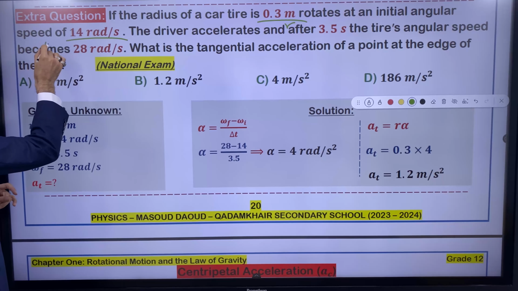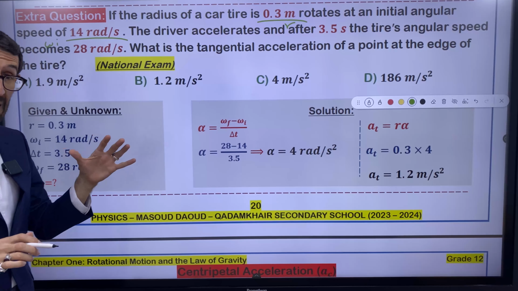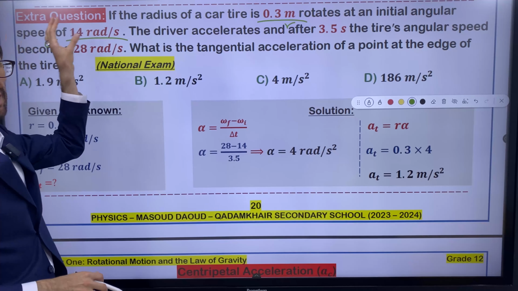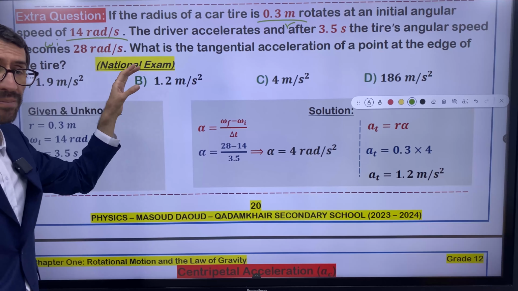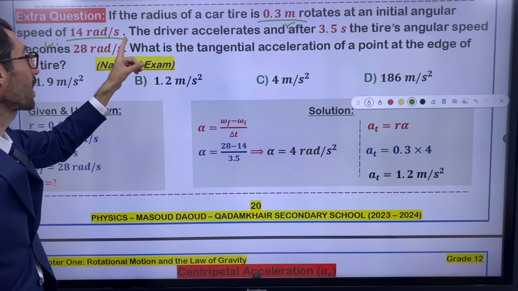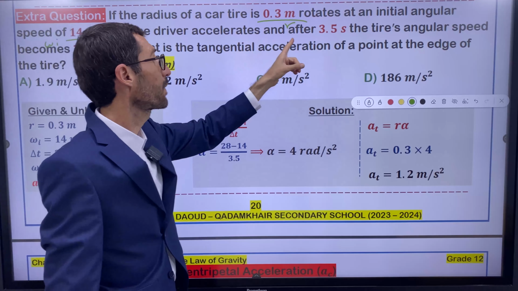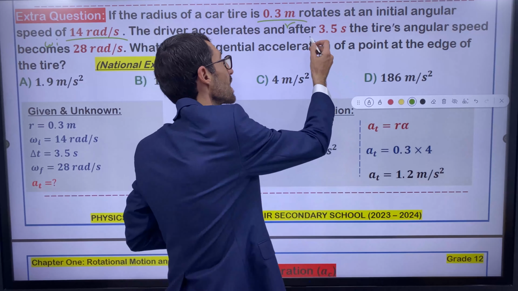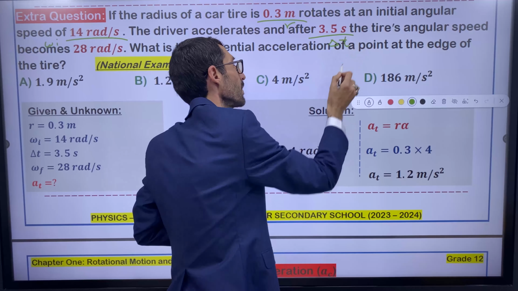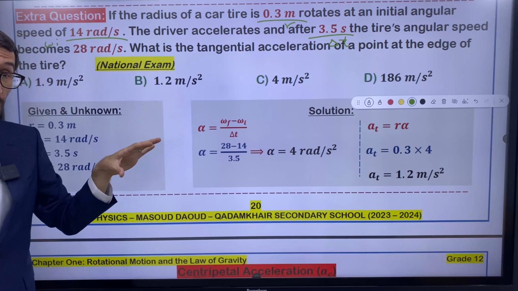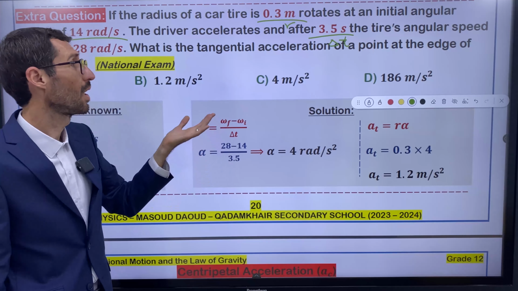This is omega I, because it doesn't say it starts from rest. That's why it's omega I, initial angular speed. The driver accelerates, and after 3.5 seconds, this is delta t.